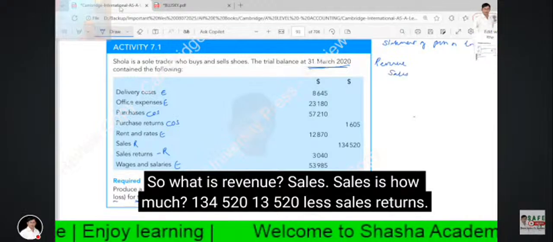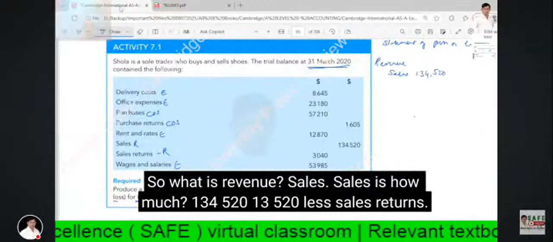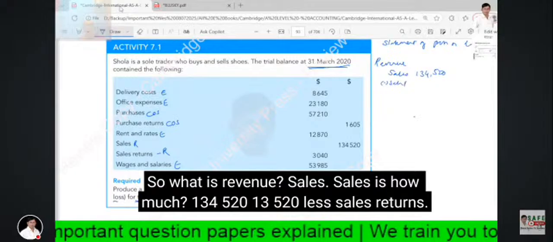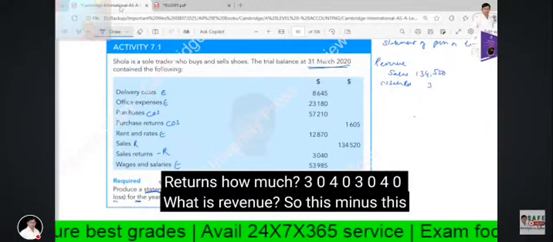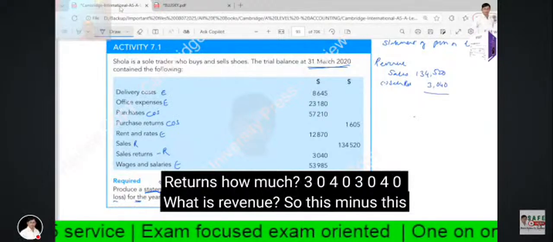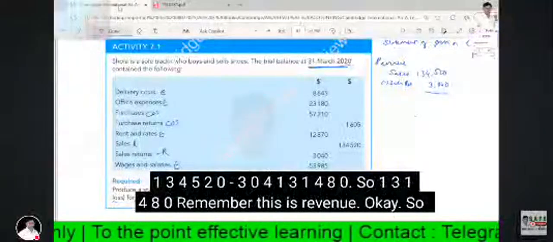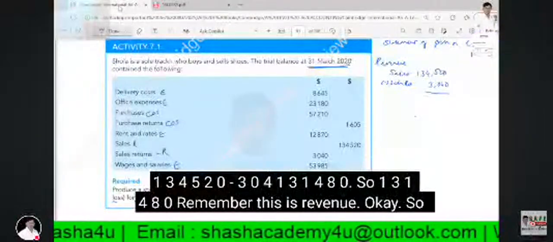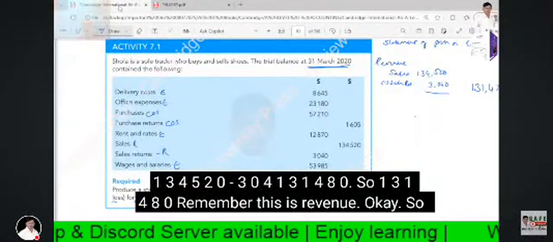Sales is 13452, less sales returns of 30. So revenue is this minus this, 131,480.